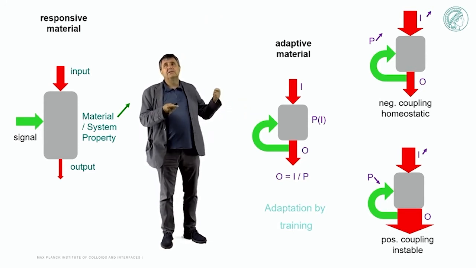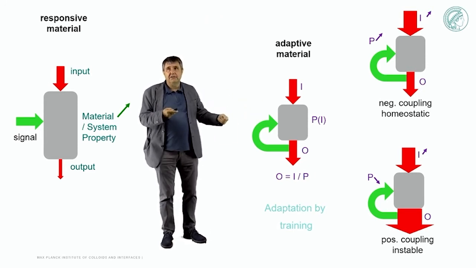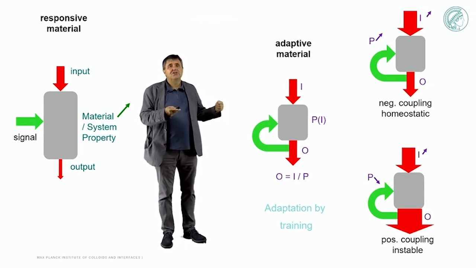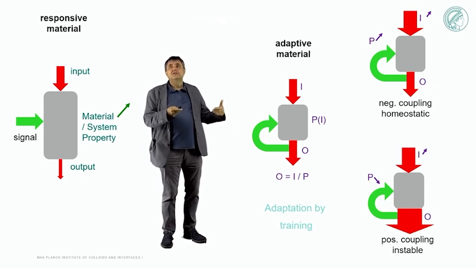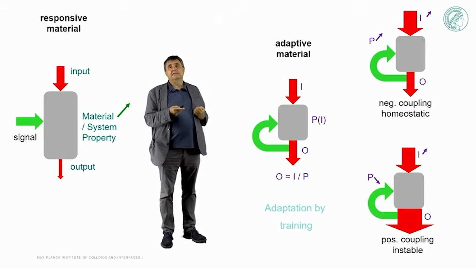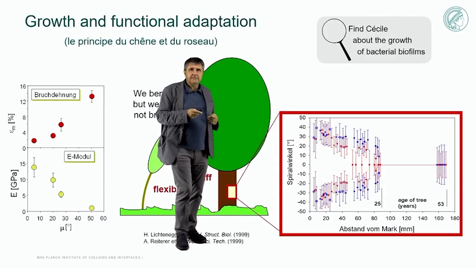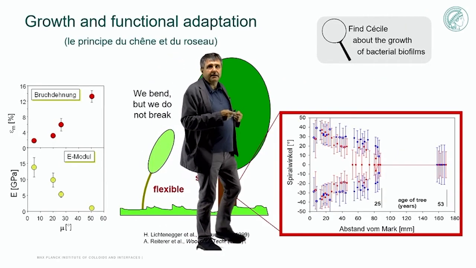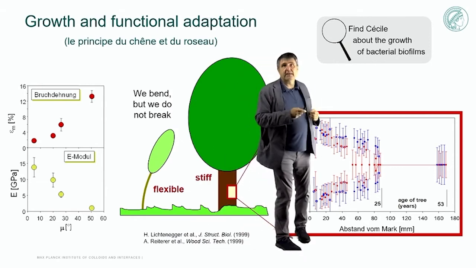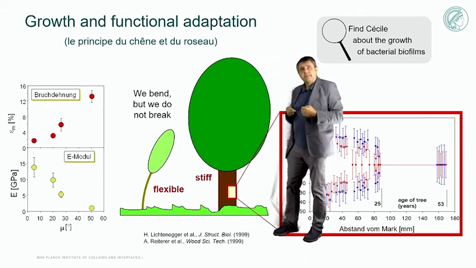And this feedback loop allows for training, for adaptation, for a change of the material property to be best suited for the kind of external interaction needed.